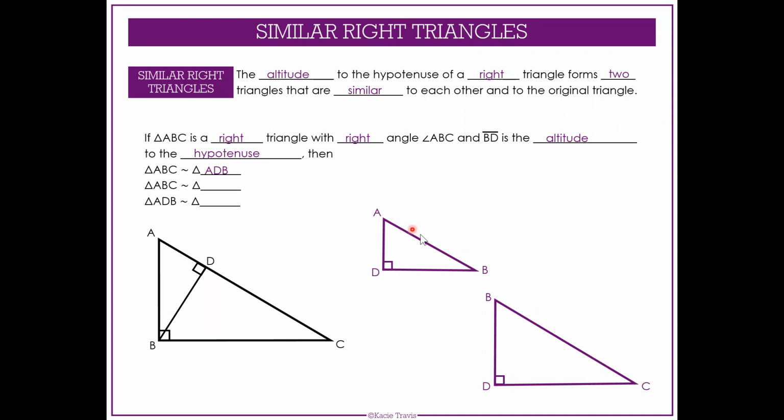Just like how we had AB as our hypotenuse here, and in the original triangle AC, we know what corresponds based off of where these things are positioned. So ABC is similar to, instead of ADB, for our last one, this one here, BDC.